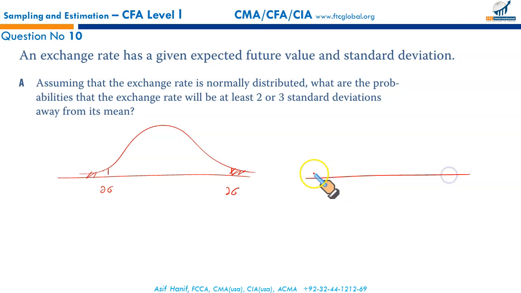And then, let's say just symbolic representation, 3 standard deviations away from the mean. What are we looking for? Of course, the standard normal table or Z table. Going there straight.